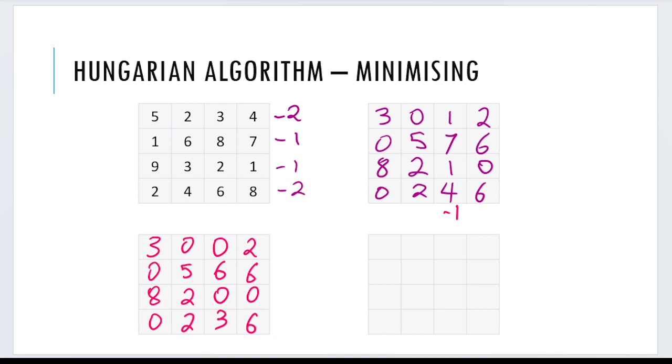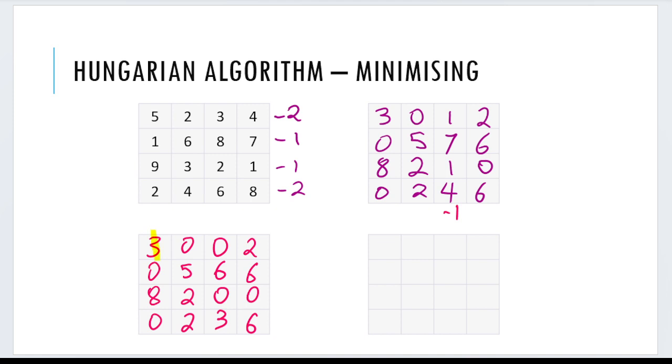If we look at the columns, this one has 2 zeros. This one also has 2. We look at the rows, this one has 2. This one has 2. When we're doing this with a bigger example, you wouldn't want to cover up the row that's just got 1 zero in it because that's probably not going to give us the minimum number of lines required.